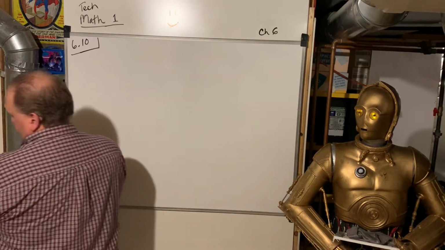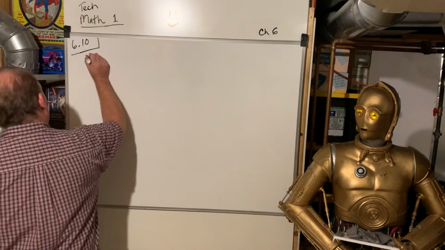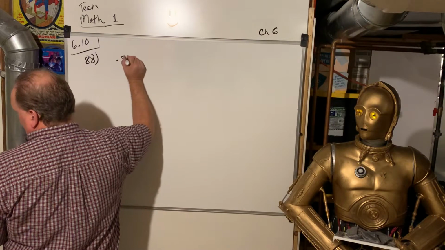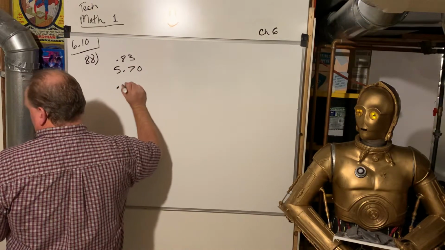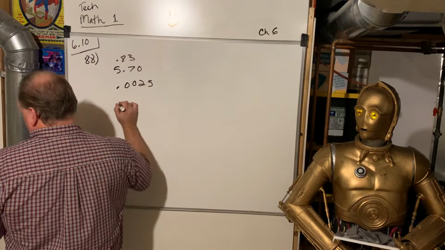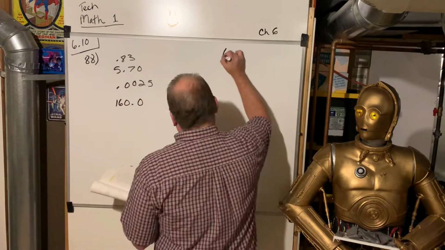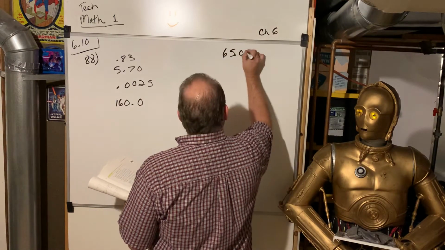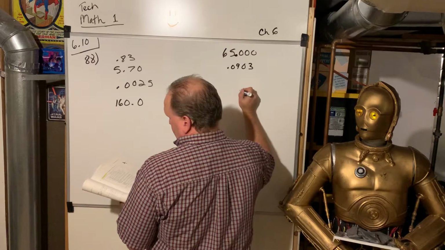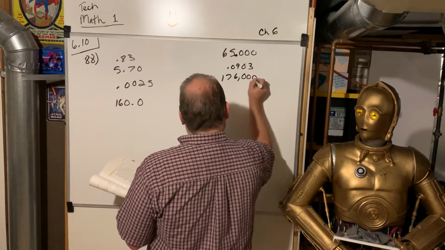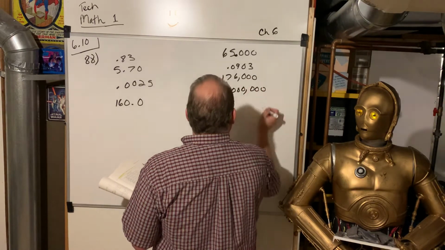So let's take a look at 88. And that's a whole bunch of examples. 0.83, 5.70, 0.0025, 160.0, 65.000, 0.0903, 176,000, and 9,000,000, 9 million.